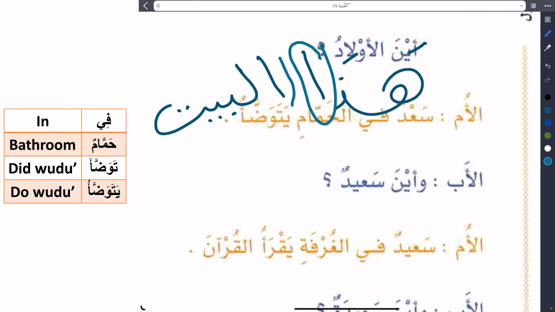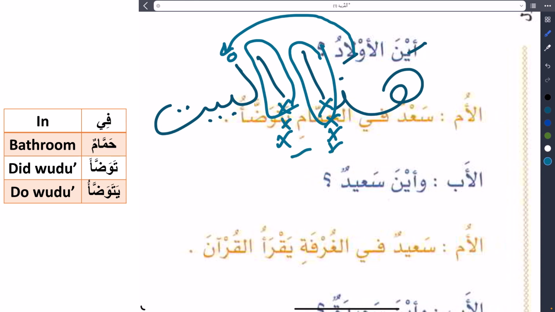The second word starts with al. What to do? We jump from the dal to the lam, and we don't pronounce both alif and alif. This is skipped, this is skipped. How to read? هذا البيت.